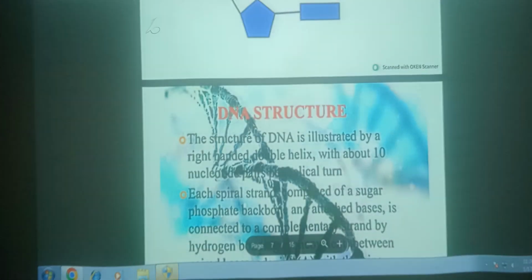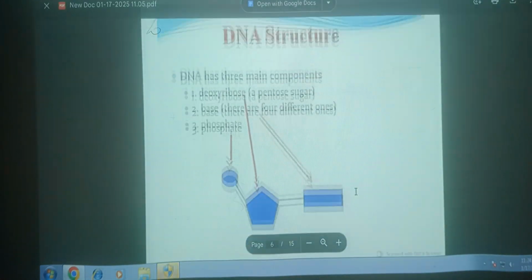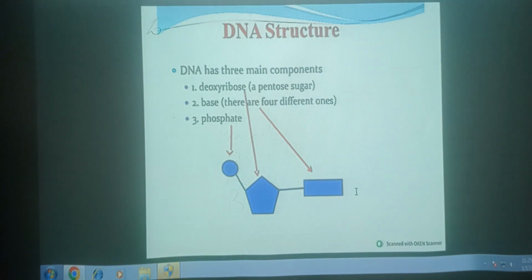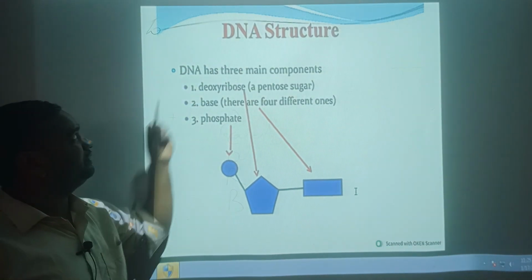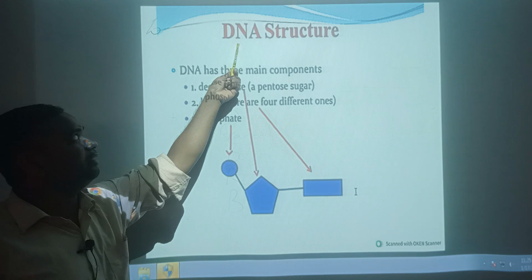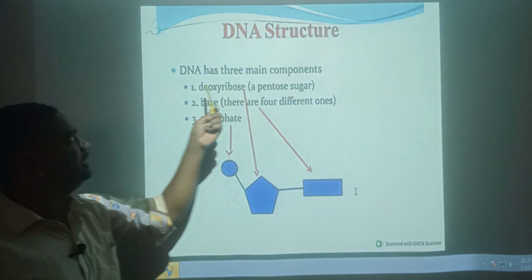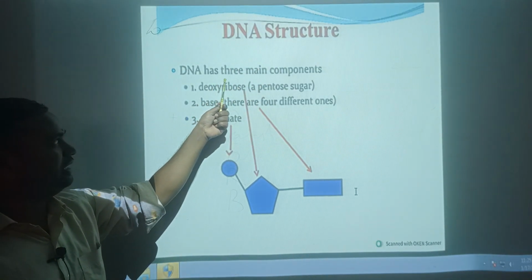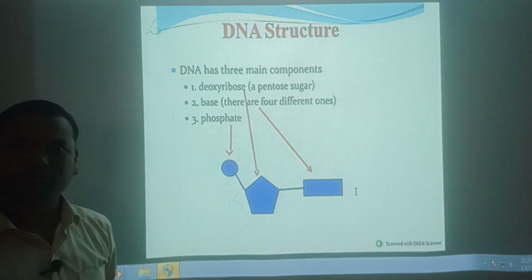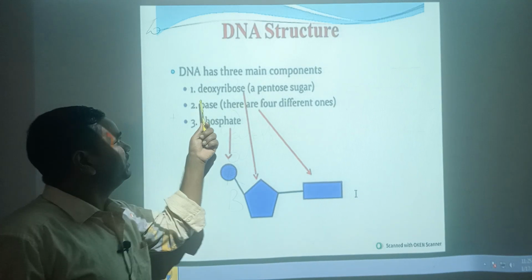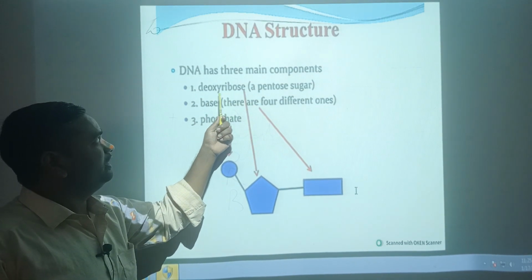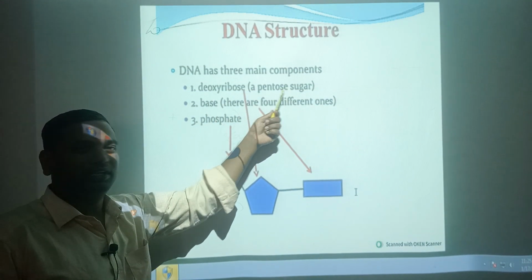Now the DNA structure, deoxyribonucleic acid. DNA has three main components. First is deoxyribose, a pentose sugar.